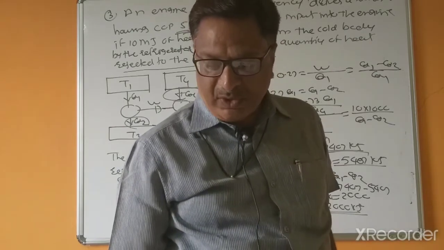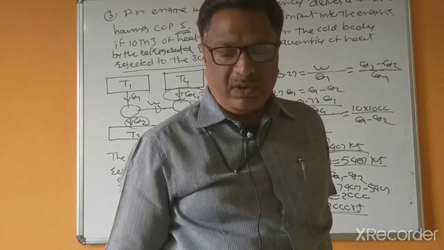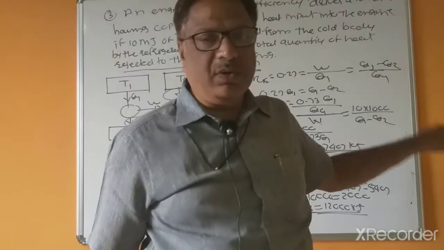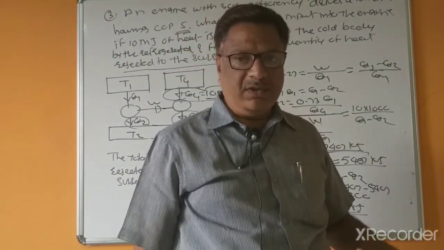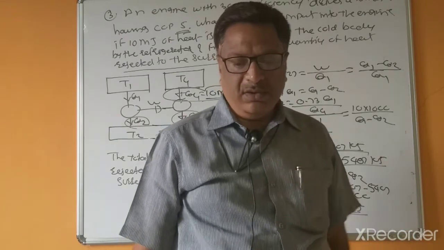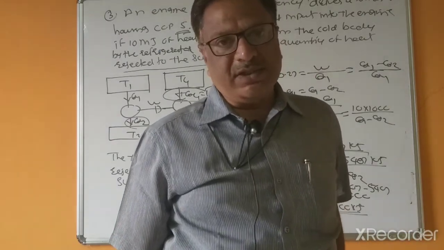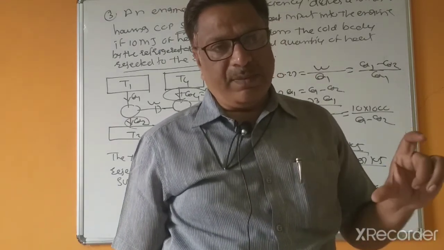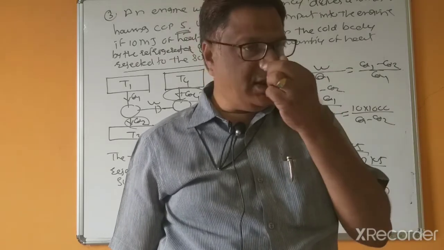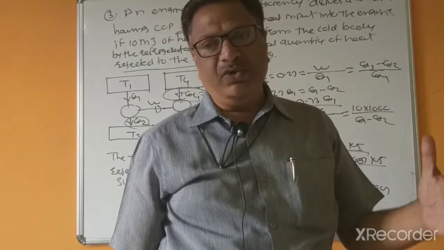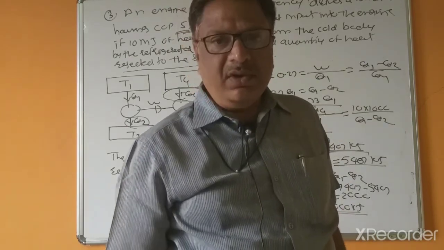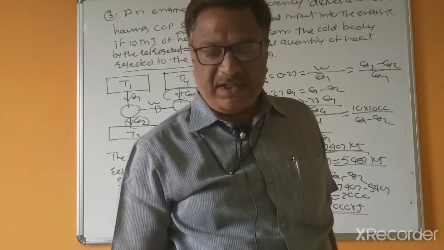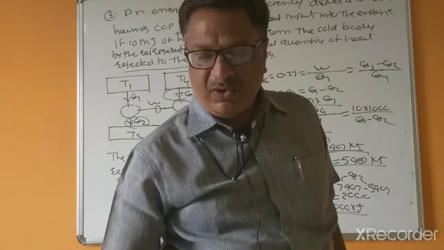So I declare that this chapter, the second law of thermodynamics, is completed here, and in the next class I will start important chapters, I think, ideal gases and its properties, then that may be unit 4th and 5th, because total 7 units.